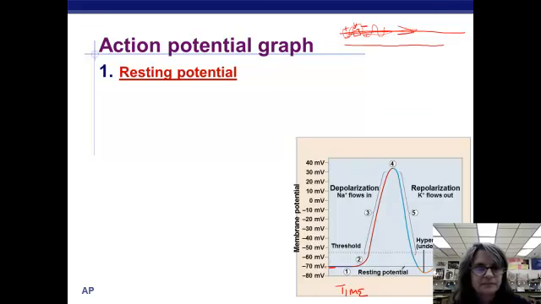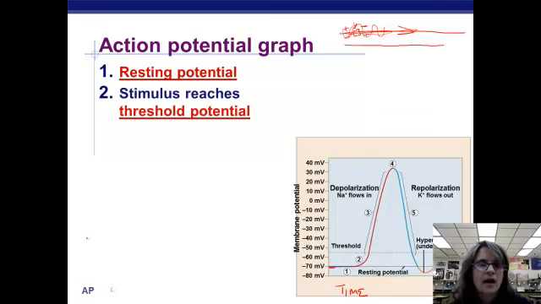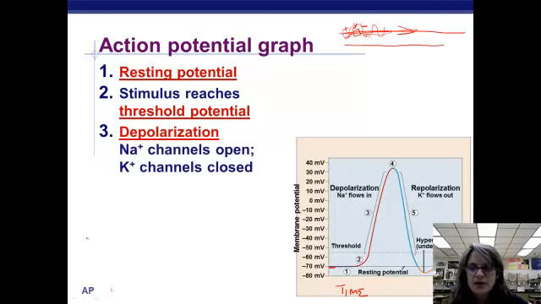Now, if a stimulus reaches threshold potential, then we are going to depolarize. So we're hitting threshold potential. We are going to depolarize that neuron at that point where the stimulus was received.